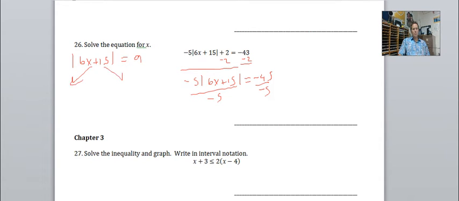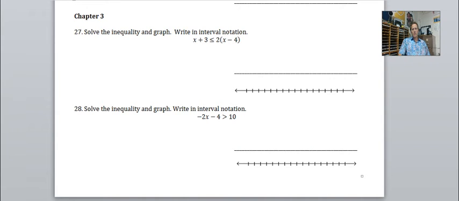You need to split this into 2. So I'm going to get 6x plus 15 equals a positive 9, and for 6x plus 15, I just have to change this into a negative 9. When I solve both these equations, I will subtract 15 and then divide by 6, and that's how I'm going to get one of them is going to be x equals negative 1, and the other one will be x equals negative 4.